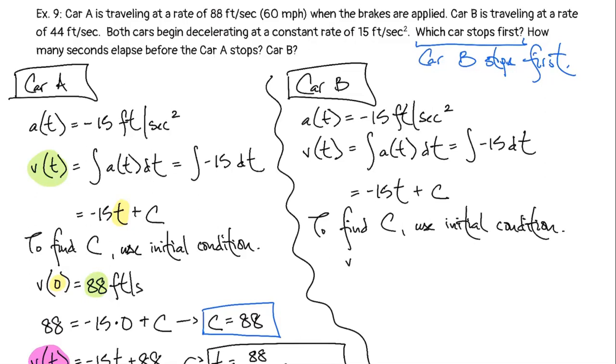So we can say V of 0 is not going to equal 88, but V of 0 should actually equal 44.